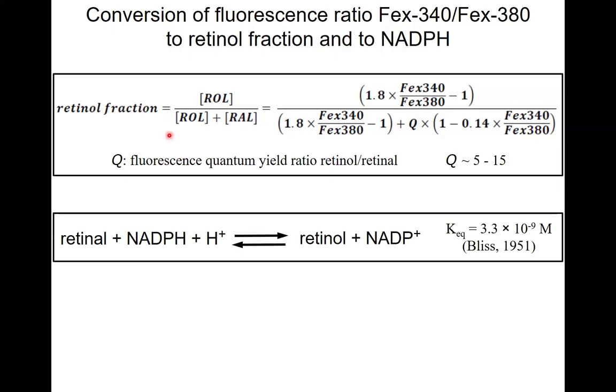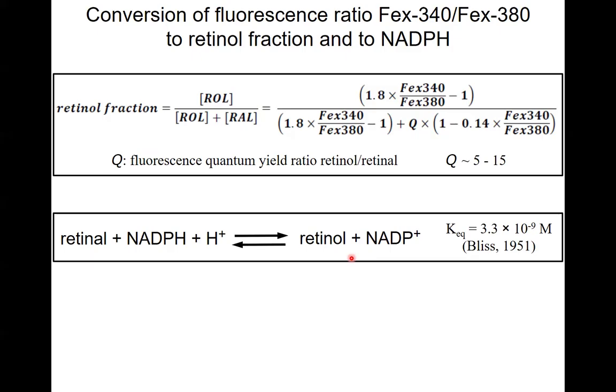Now we can go ahead and use this ratio along with the reaction rate that converts retinal to retinol, which uses NADPH. It also uses protons. We know the equilibrium constant of the reaction from a very old paper by Bliss. And the assumption here, in order to be able to do the calculations, is that the reaction is at equilibrium. On the basis of the ratio being relatively stable over time, it seems that this is a reasonable assumption.